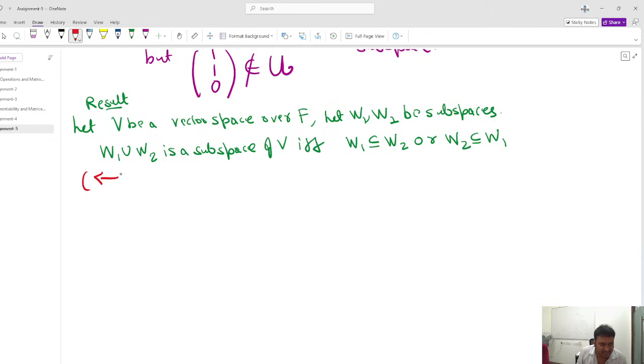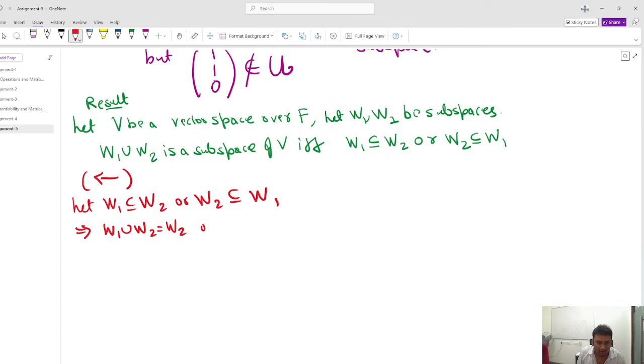So let us do this direction, I mean the converse direction. Let W1 sit inside W2 or W2 sit inside W1. So what does this imply, guys? W1 union W2 is W2, or W1 union W2 is W1.